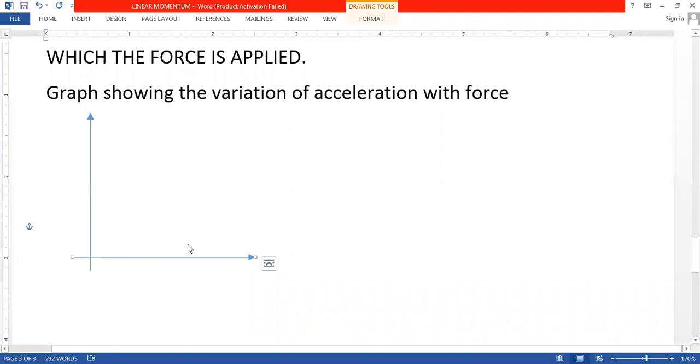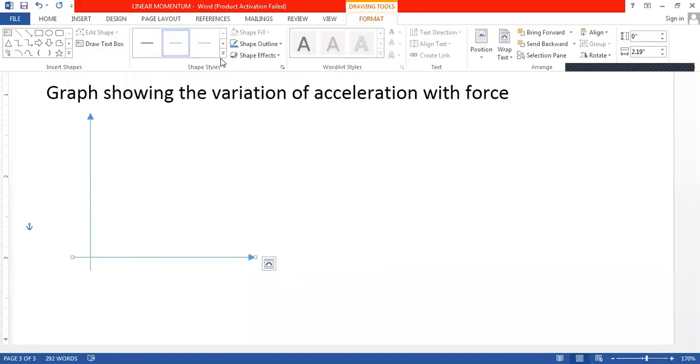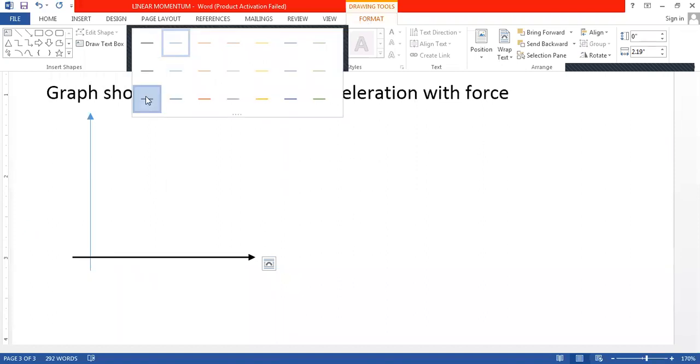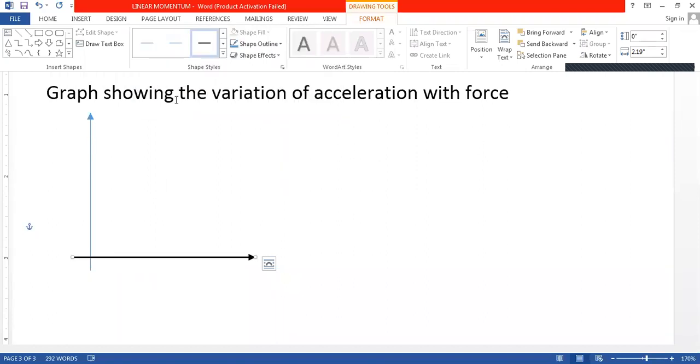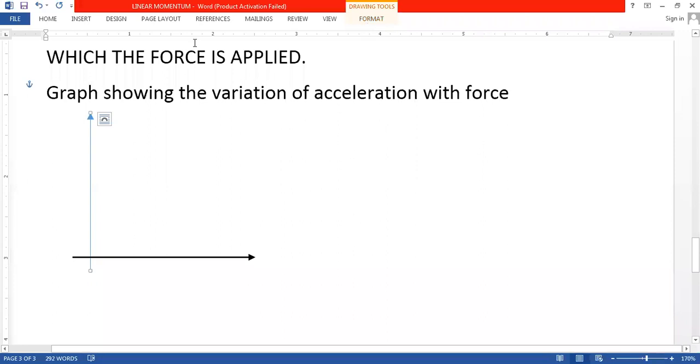Acceleration on x-axis? No. Acceleration is not on x-axis. You will find we have to take force on x-axis and acceleration on y-axis. Clear? Your force will always go on x-axis, beta, and your acceleration will go on y-axis.